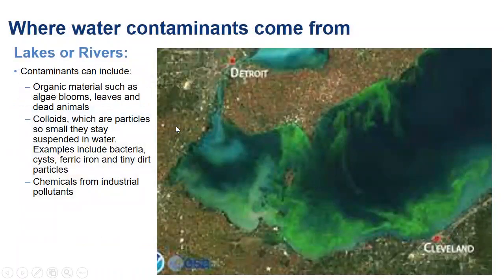Other things as a result of all this organic material entering our streams is biological growth, such as leaves, decaying animals, the byproducts of organic life like bacteria and algae, their waste products are there. And then there's things like algae blooms. This is a picture of Lake Erie from 2019 of a blue-green algae outbreak.